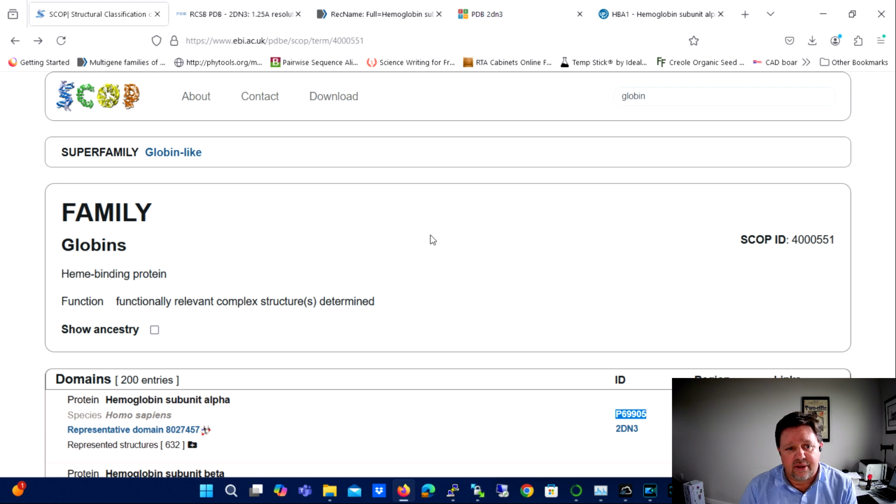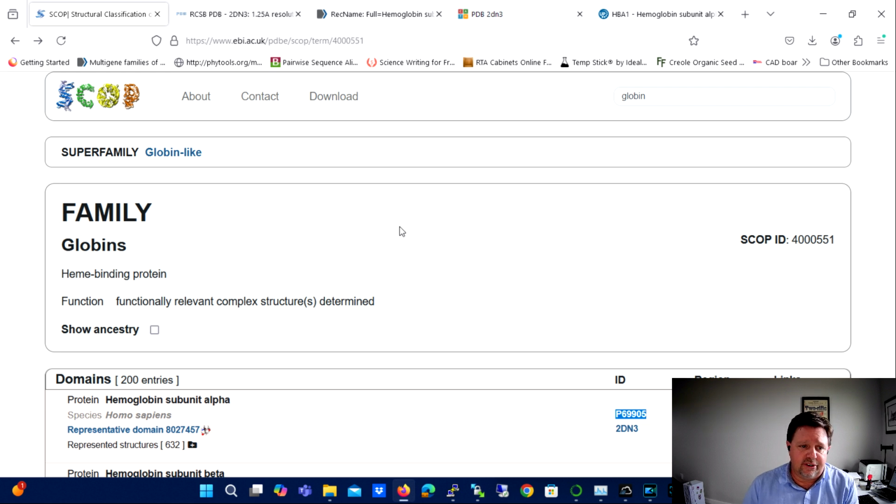So one of the major players in the classification of protein data is the Structural Classification of Proteins database, or the SCOPE database. And this database is basically a manually curated database.